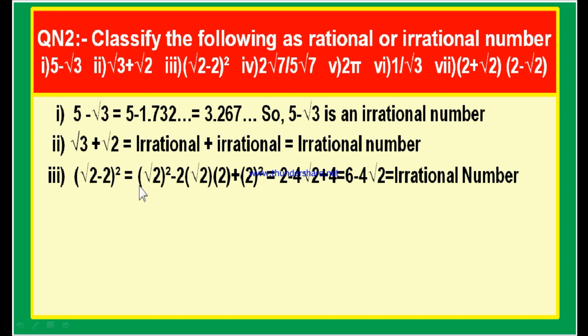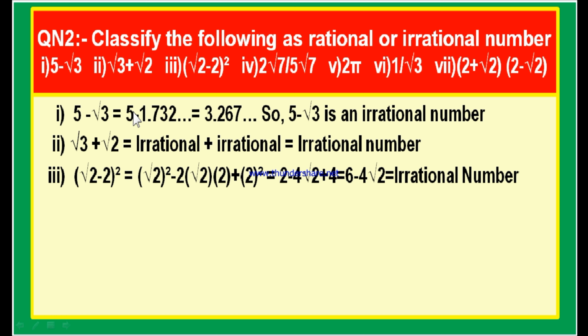What is the formula for (a minus b) whole square? a² minus 2ab plus b², isn't it? a² means (√2)², minus 2ab means 2 into √2 into 2, plus b² means 2². (√2)² is 2, minus 2 2's are 4 into √2 is 4√2, plus 2² is 4. What is 2 plus 4? 2 plus 4 is 6, minus 4√2. This is 6 minus 4√2.